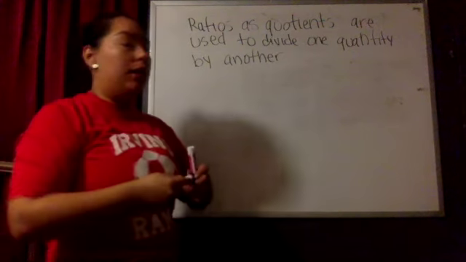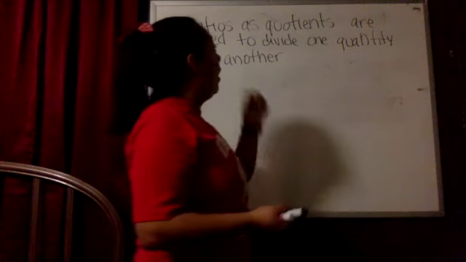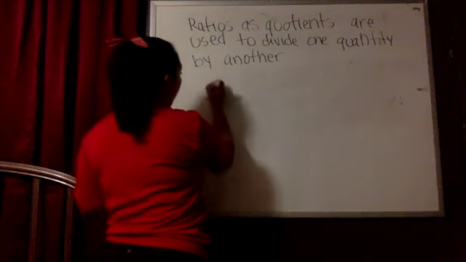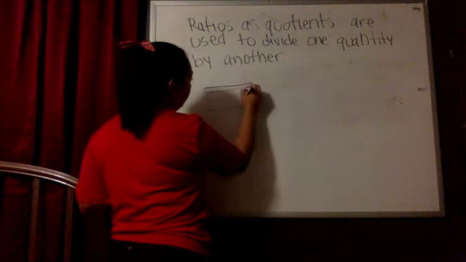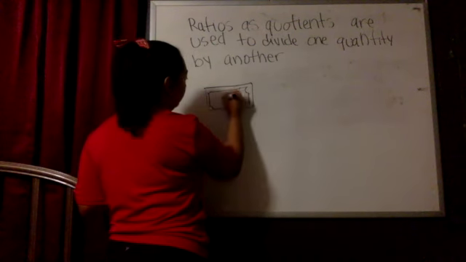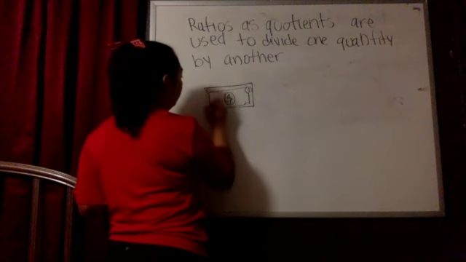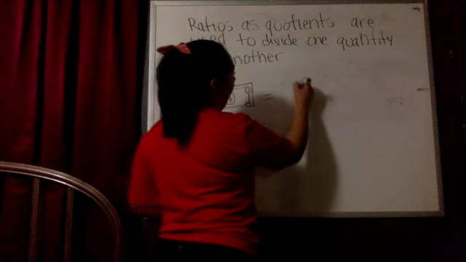So again, we're going to go back to the example of the apples. If we are going to use money, for example, we can say that $1 buys 4 apples.